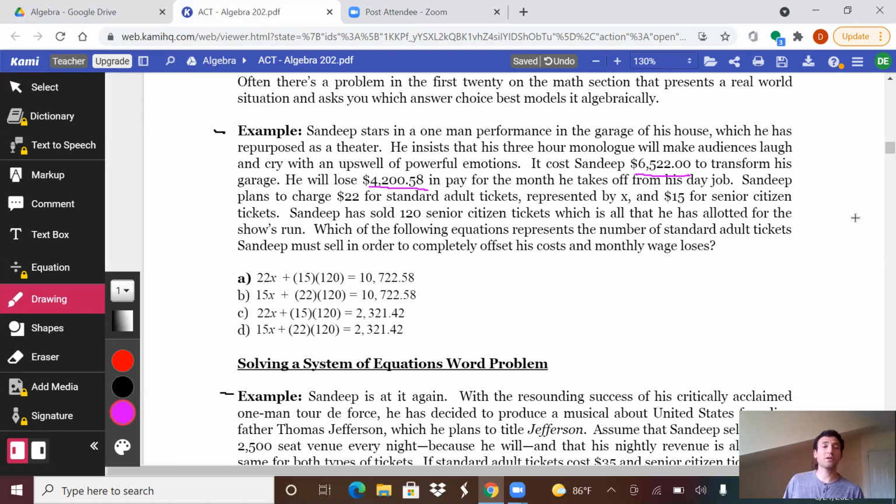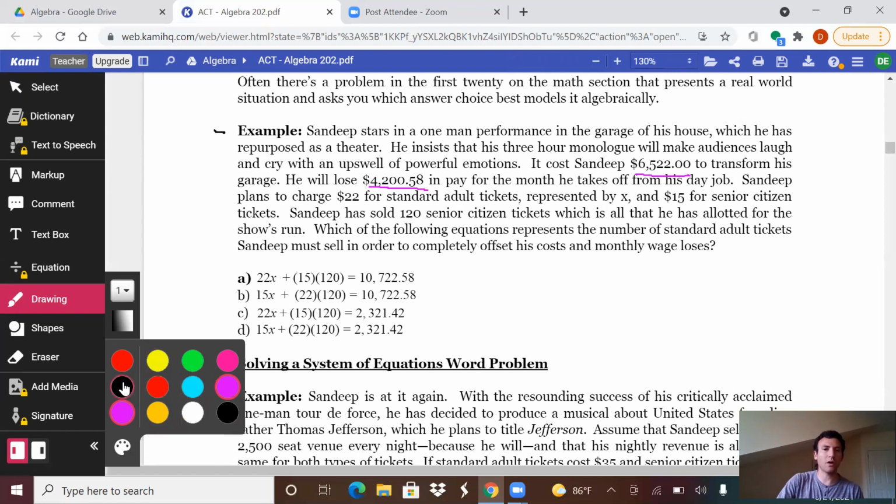Sandeep plans to charge $22 for standard adult tickets, represented by X, and $15 for senior citizen tickets. Sandeep has sold 120 senior citizen tickets, which is all that he is allotted for the show's run. Which of the following equations represents the number of standard adult tickets Sandeep must sell in order to completely offset his costs and monthly wages?